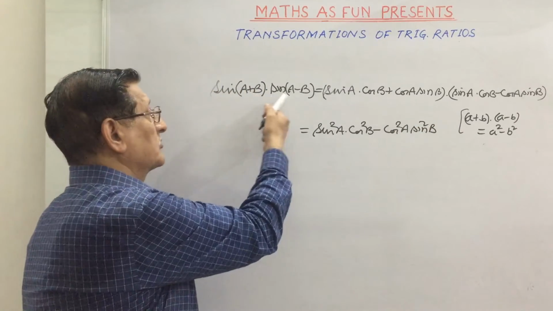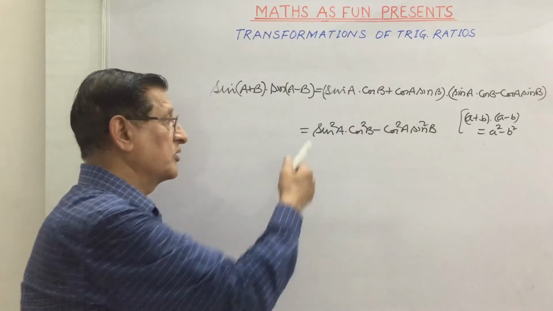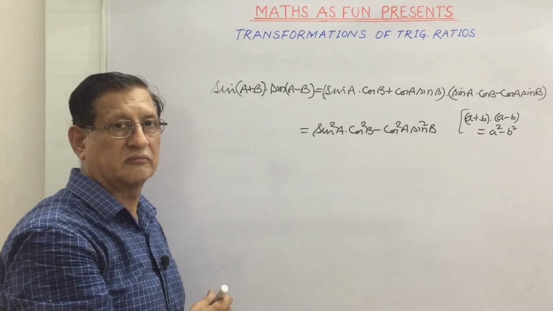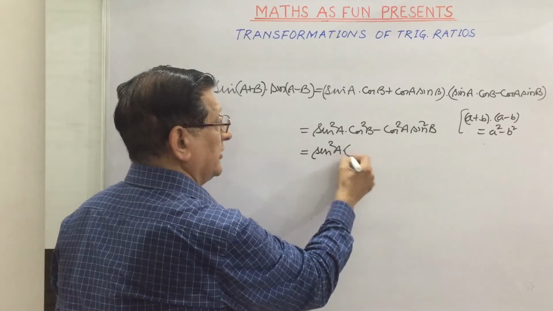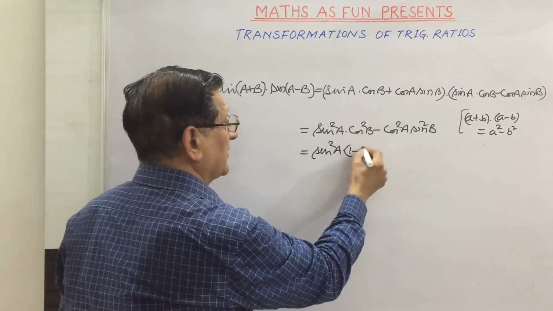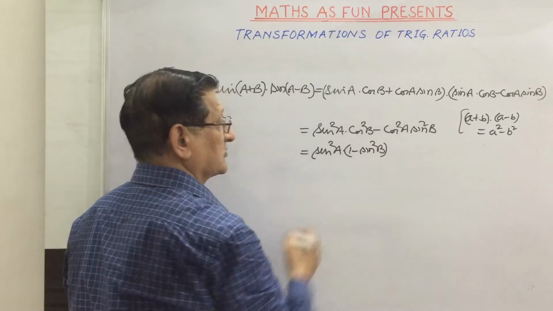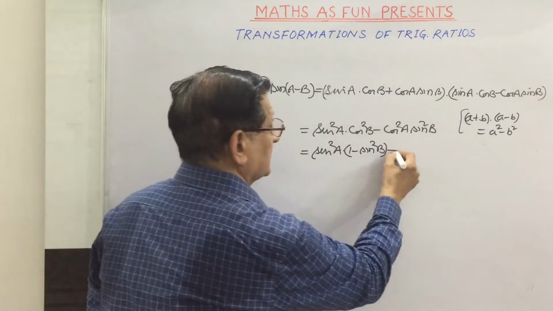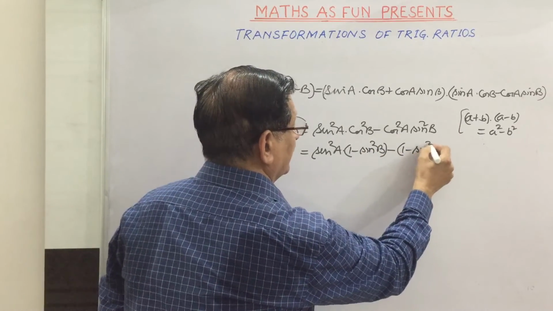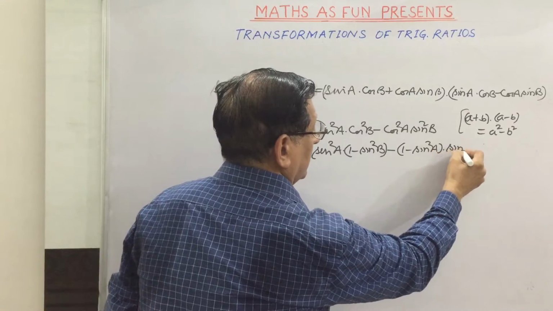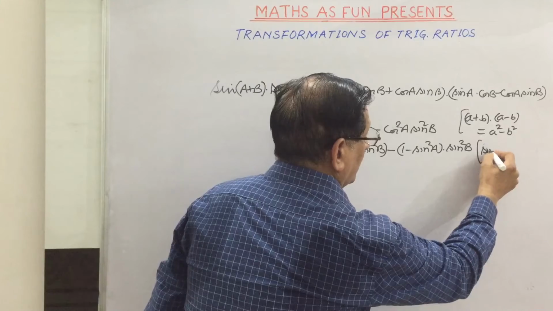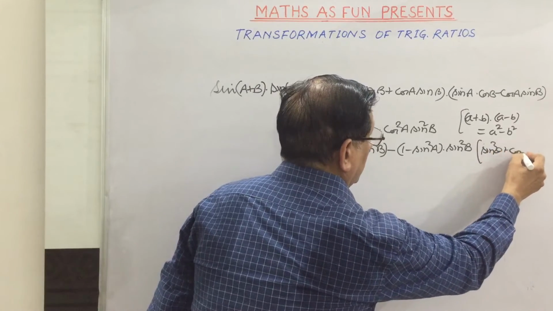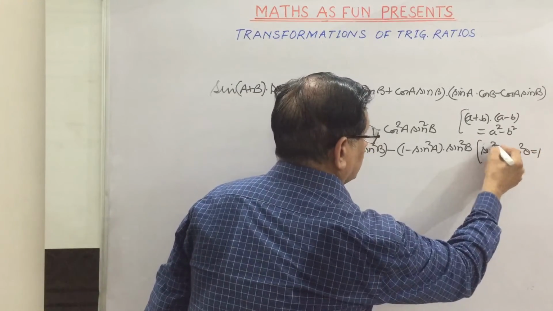Since we have the product of sine of angles, we will try to convert this into sine only. And we can write here sine square A into cos square B, where cos square B can be written as 1 minus sine square B, and cos square A can be written as 1 minus sine square A. The identity is, we know sine square theta plus cos square theta is equal to 1.